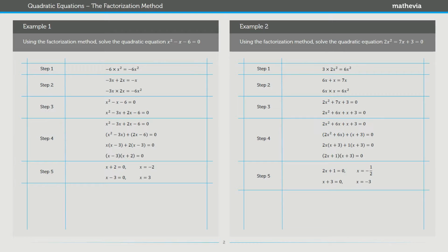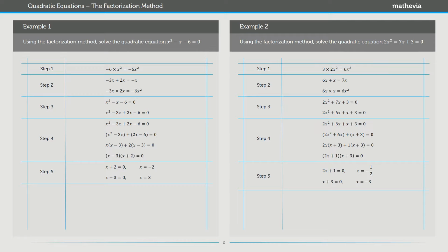Now, step 2. The next thing you want to do is look for two terms. First you identify the factors of minus 6x squared, i.e., what are the things that minus 6x squared can be divided by. We have x, 2x, minus 2x, 3x, minus 3x, 6x, minus 6x. And now we need to identify two of these factors that will multiply to give minus 6x squared.